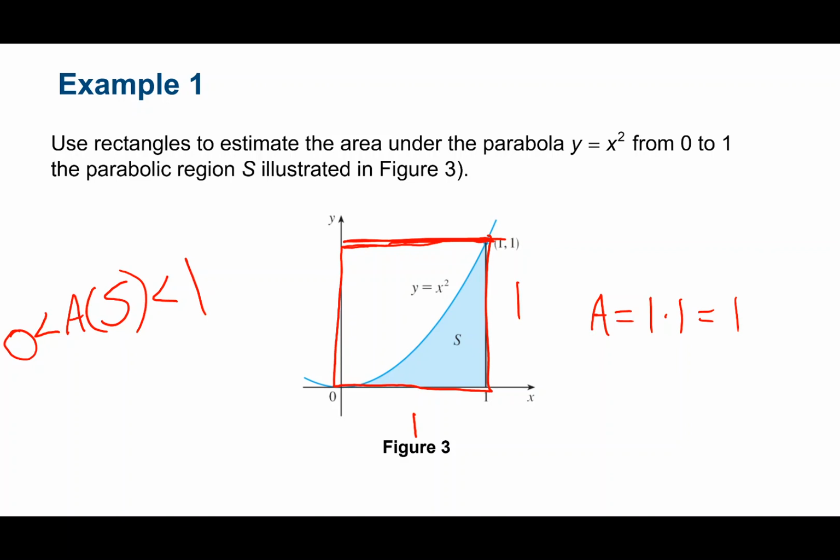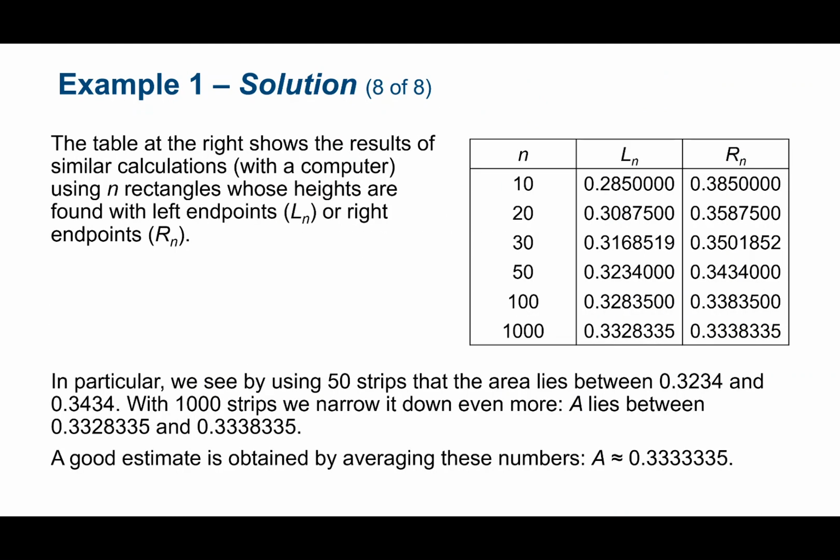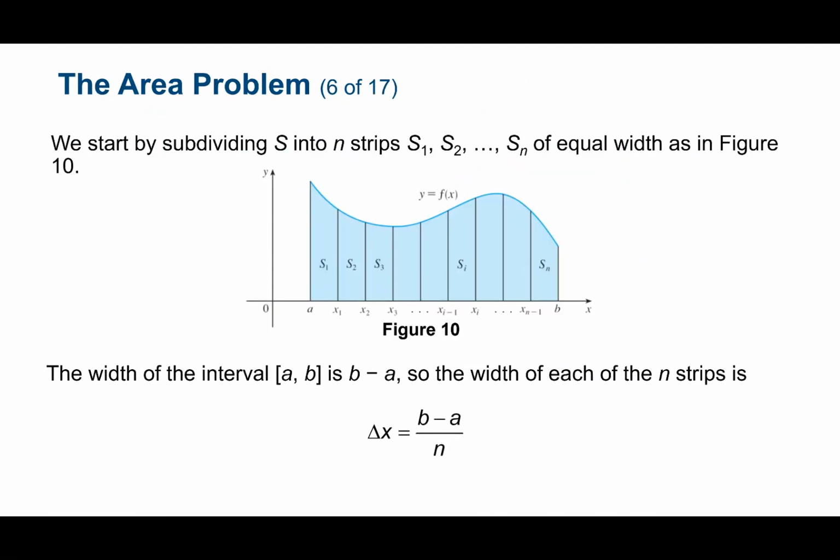Okay, so what about our curve that's not so nice? What about this one? X squared is nice because it's just what we would say, an increasing curve. It goes up from left to right, and that's it.